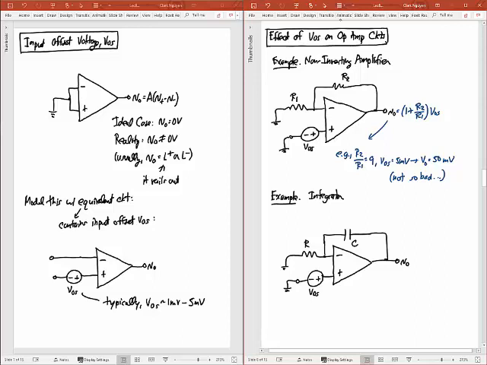I'm trying to put 0 volts on this, but in actuality, what I have is a voltage there at the plus terminal. Okay, so it impacted the non-inverting amplifier above, right? Because it basically stuck that voltage at the minus terminal, and that basically became the input, and then that was divided out through a voltage divider out to the output, an inverse voltage divider. That's effectively the way that the non-inverting amplifier works.